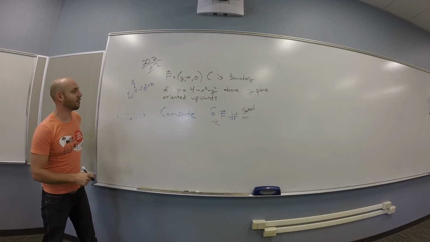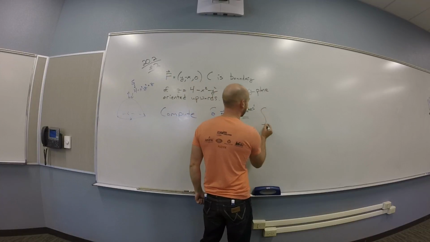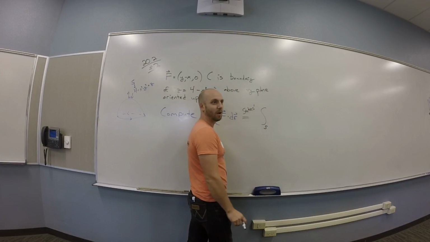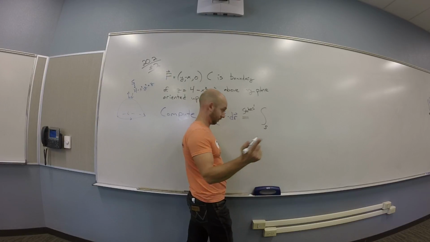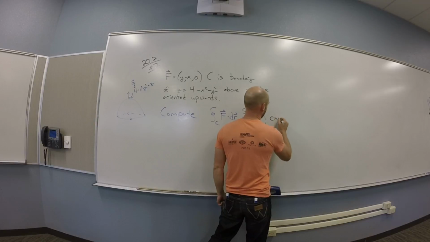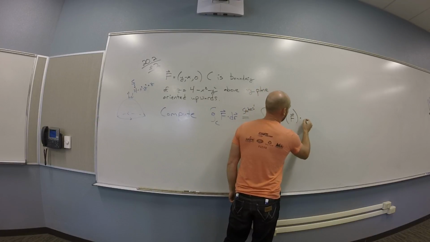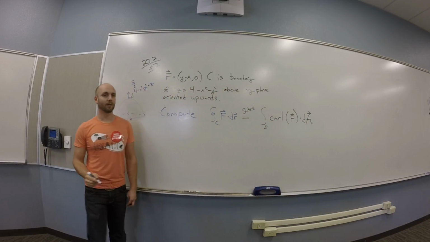And when I apply Stokes, I get that this should be the integral over the surface of the curl of F dot dA. So far I've just written Stokes down.